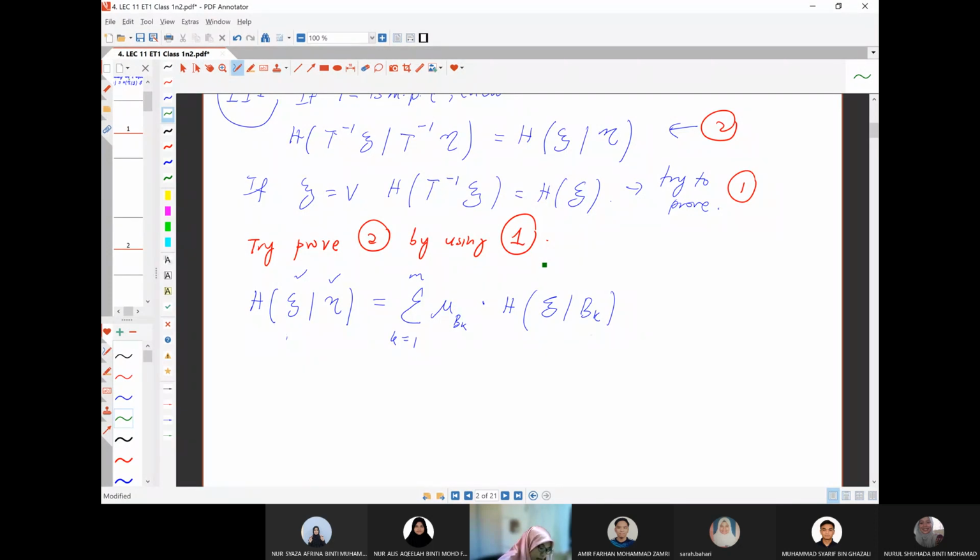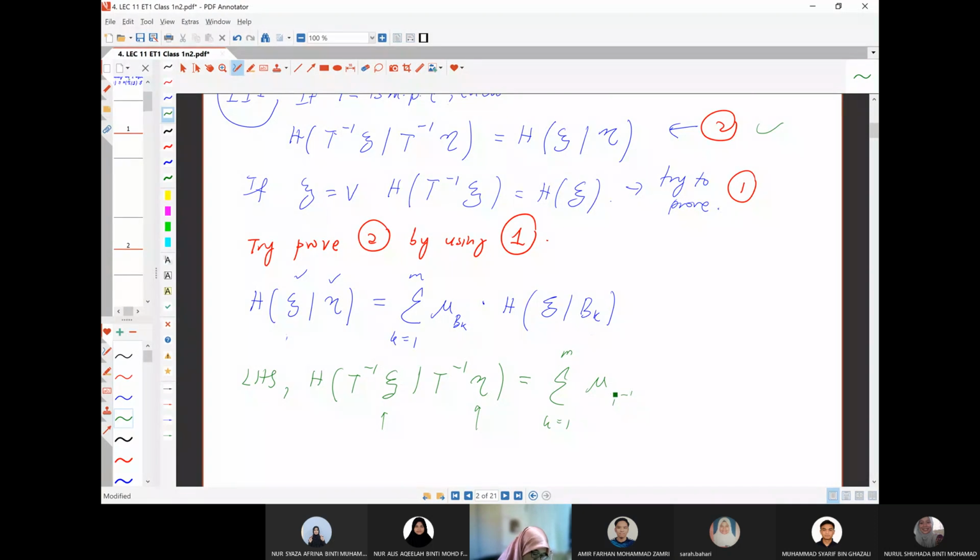So from the left hand side, I want to use number 2 here. From the left hand side, I have the entropy of the pre-image of psi with respect to the pre-image of eta, which is equal to, if we use its inverse, since T is a measure preserving transformation, you can use the same, because this is with respect to partition, this is with respect to partition, so you will also have the average, sum from 1 until m of mu of T inverse, right? Because this is in the form of inverse, so the conditional measure is also in inverse.